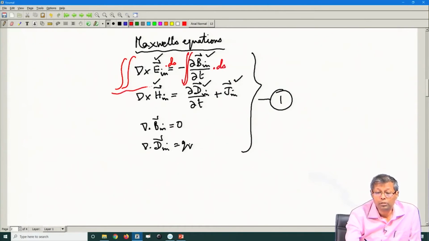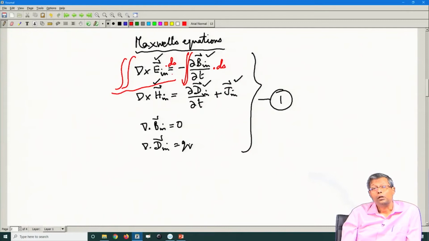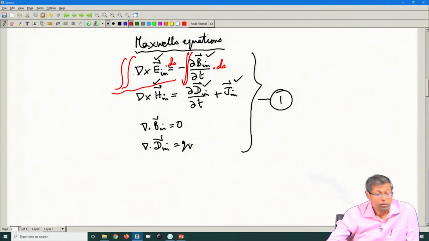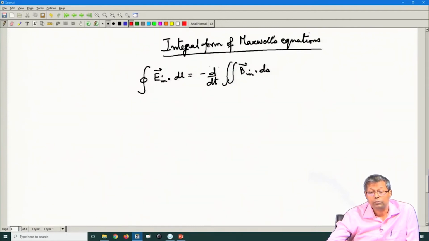We can express this as closed integral E dot dl, okay, using Stokes theorem, and this remains as, we can take the differentiation out and it becomes B dot ds. So, that is exactly what we are doing. So, that is this.